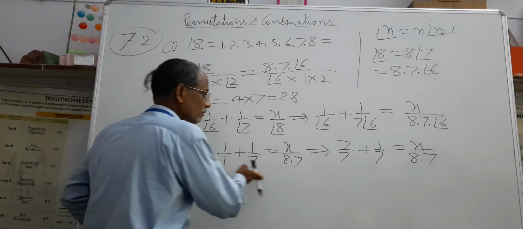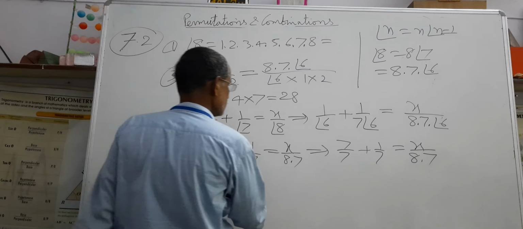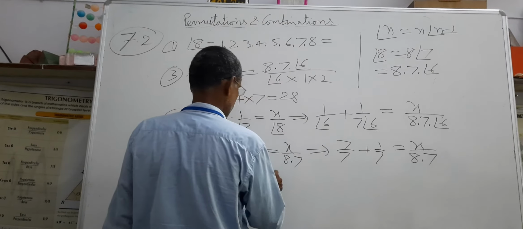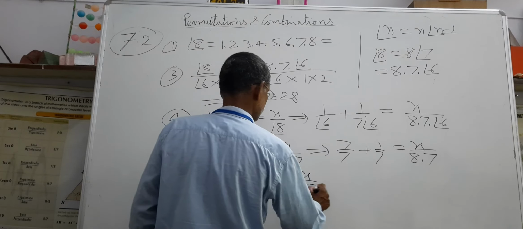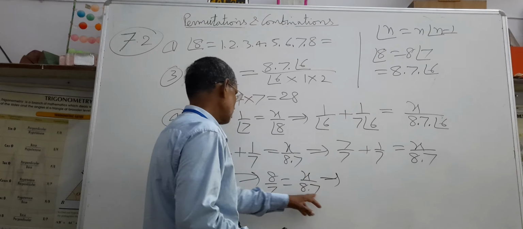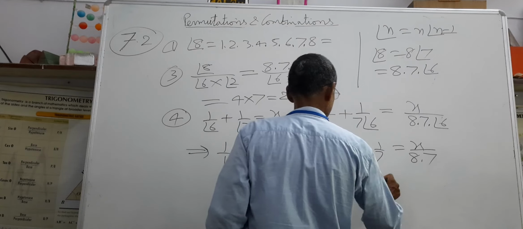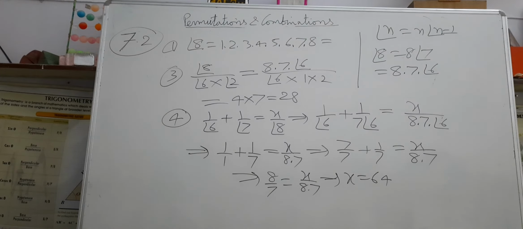Now again 7 becomes cancelled. This implies 7 plus 1 is 8, so 8 by 7 is equal to x by 8 into 7. 7 becomes cancelled. 8 eights are 64, which implies x is equal to 64. This is your answer.